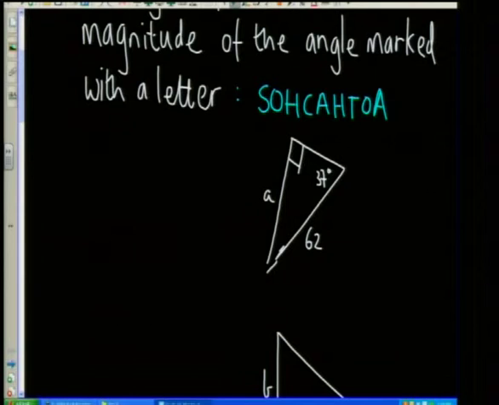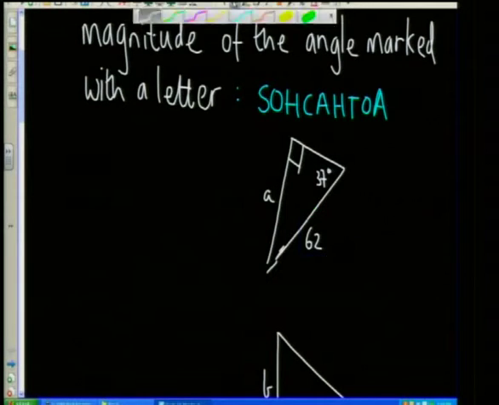Okay, so in this triangle, the first focal point is to focus on the angle and to say, if that is my position of the angle, then how is this A related and how is this 62 related? Well, the 62 is definitely the hypotenuse, and the A is definitely the side that's opposite that.